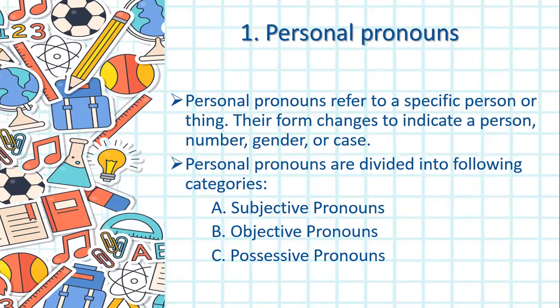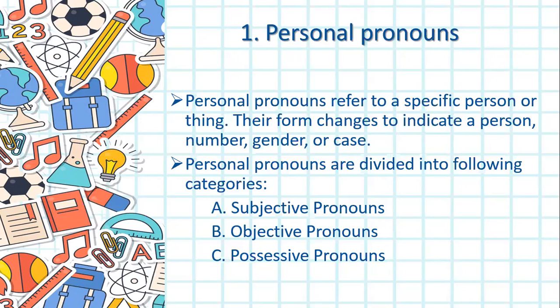This is the first person, you choose I. Or number: if there is one thing, you say it. Or gender: if this is a boy, you say he, or if this is a girl, you say she. Or maybe case. Case – это падеж.